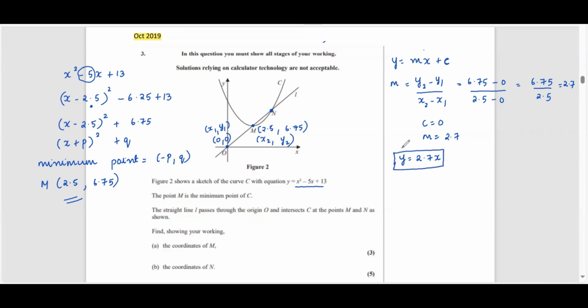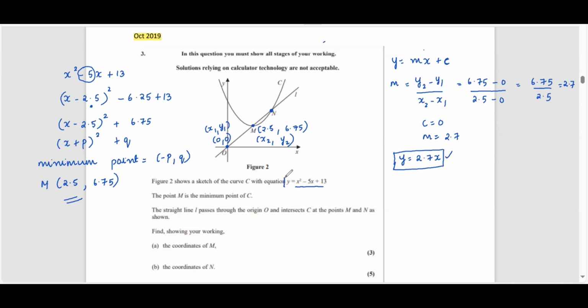Now our question is to find the coordinates of N. As I said, it is the point of intersection of the curve and the line. How do you find the point of intersection? Make y the subject for both equations, the equation for the curve and the equation for the line. For the line, y is already the subject.